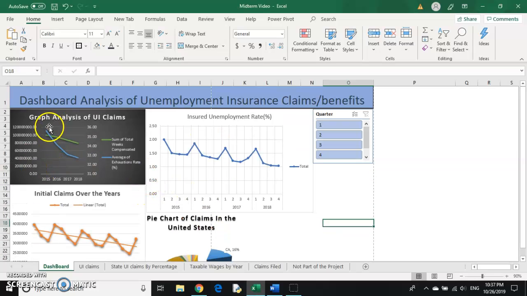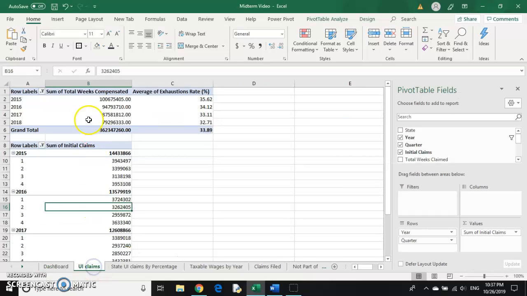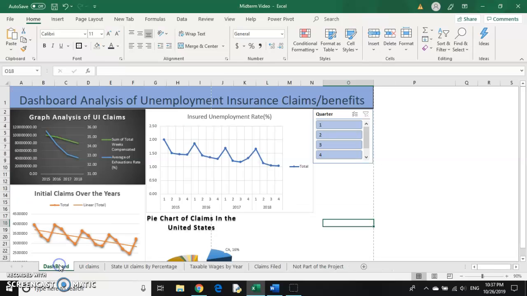This is the first graph, the graph analysis of UI claims, which I created based on this pivot table. As you can see on the graph, the sum of total weeks compensated is dropping; the trend is going down as the years pass.